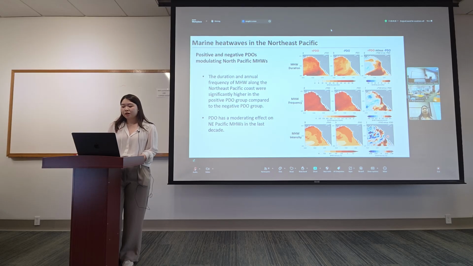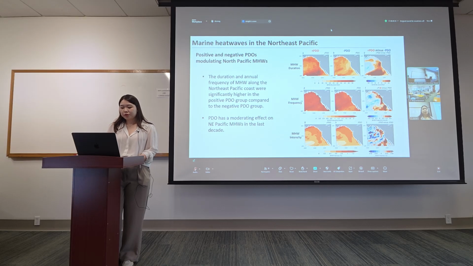The effect of the anthropogenic warming is also still included in the large ensemble result, but if we calculate the difference, it will average out. Therefore, this result suggests that PDO has a modulating effect on Northeast Pacific marine heat waves in recent decades, in a clearer, cleaner way.